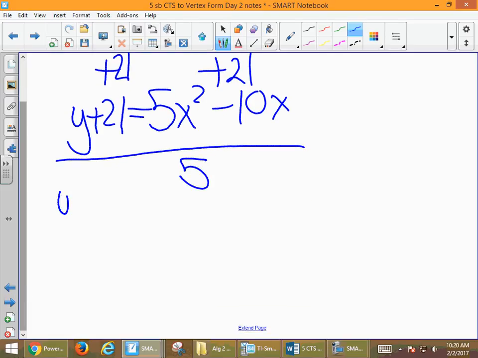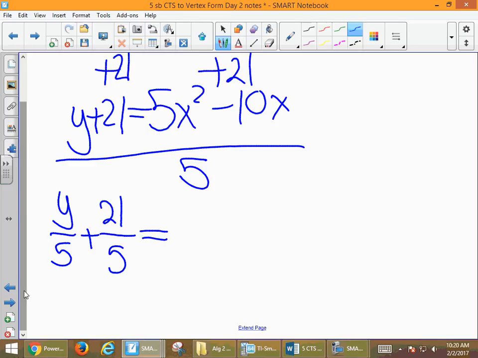And so we have y over 5 plus 21 over 5, which 21 over 5 doesn't reduce, it would turn into a decimal, but we like to keep fractions for now, so we're just going to leave it as 21 over 5 for the moment. And then this is equal to 5 divided by 5 x squared.